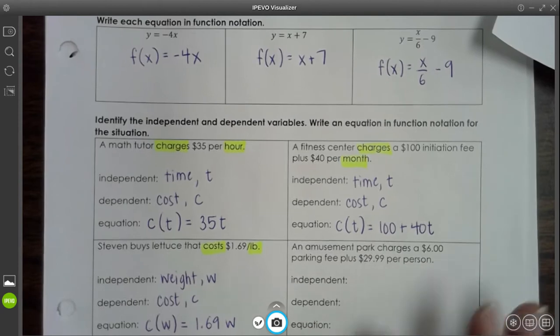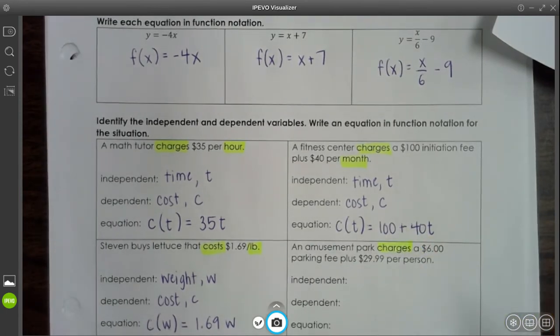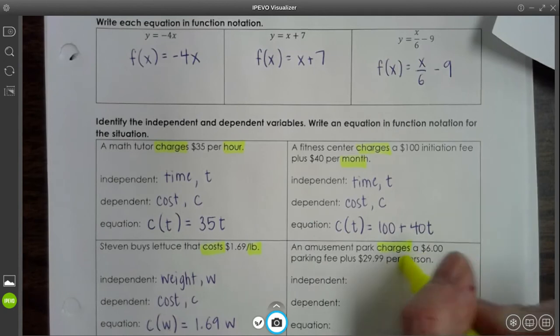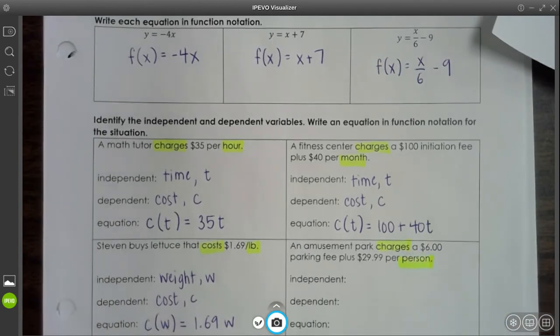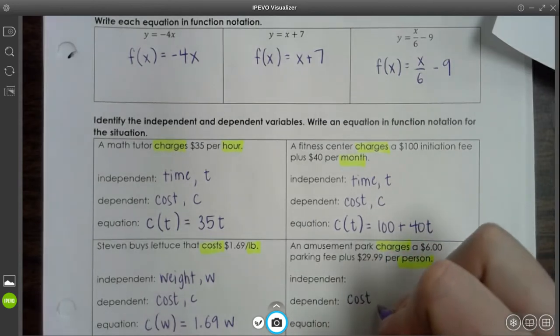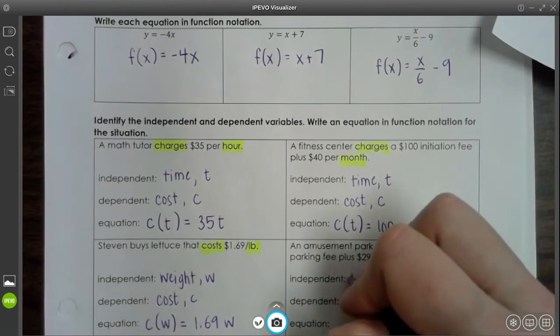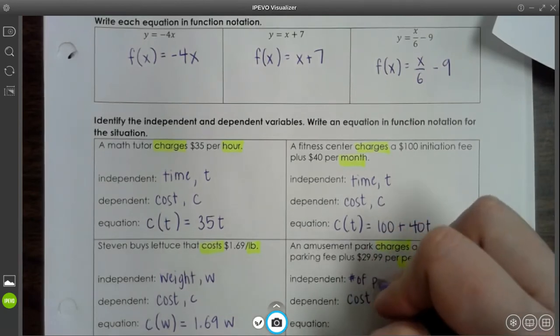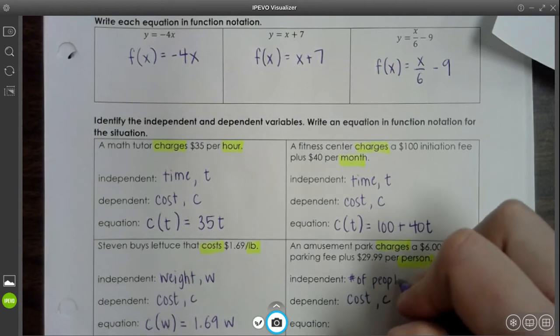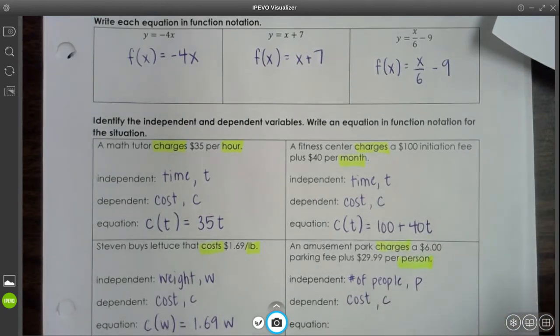Okay, this one says an amusement park charges a $6 parking fee plus $29.99 per person. So again, cost comes into play, and cost is going to depend on the number of people that we have. So again, cost is going to be our dependent variable, but this time it's going to be the number of people that we have in the car, or along, I should say, which we'll call P for number of people.